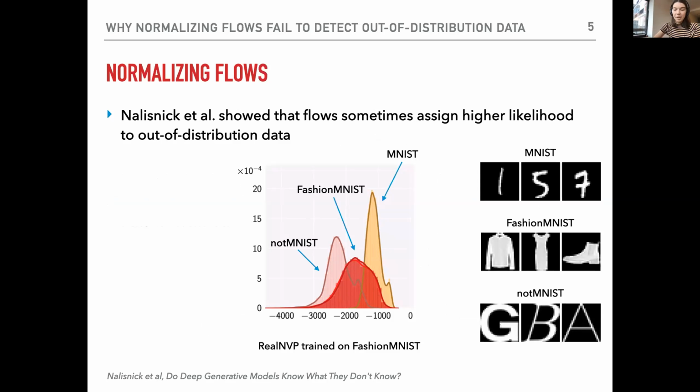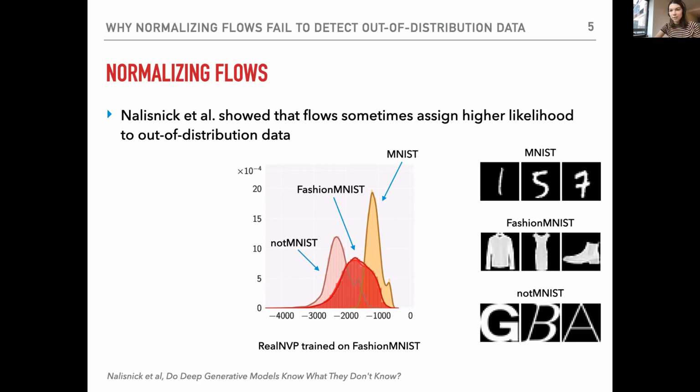However, in the paper from Nalisnick and collaborators, it was shown that normalizing flows often assign higher likelihood to out of distribution data sets. For example, in this figure, we show the distribution of likelihoods of a RealNVP flow that was trained on FashionMNIST. And for the out of distribution MNIST dataset, the likelihood is higher on average.